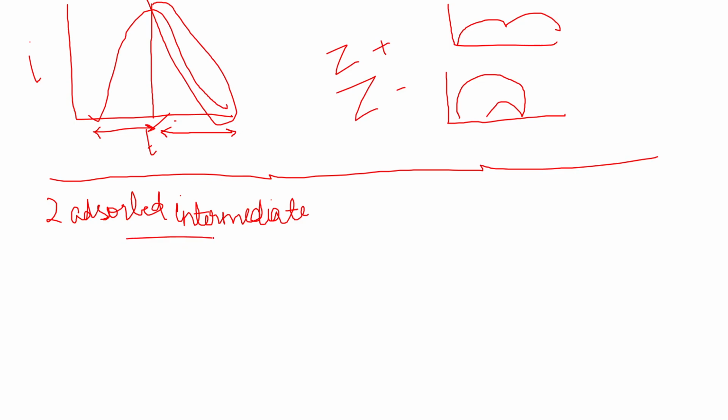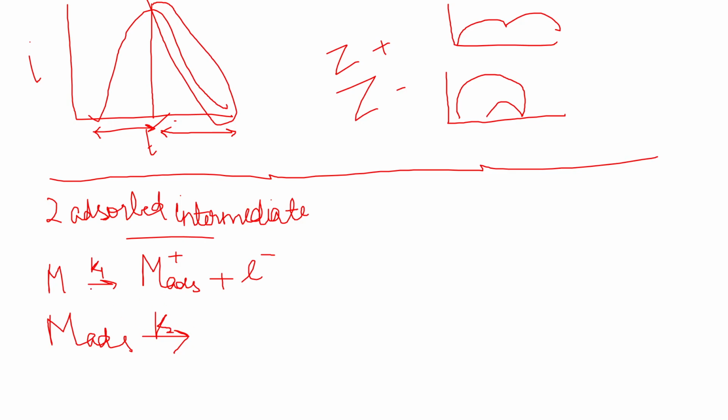So I'll write the question. M gives M adsorb plus, so it forms first M adsorb plus plus the electron, and in the second step, M adsorb 2 plus forms. You can try out numerous kinds, with small differences.